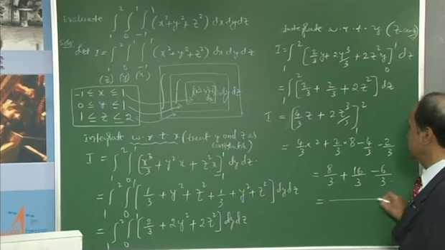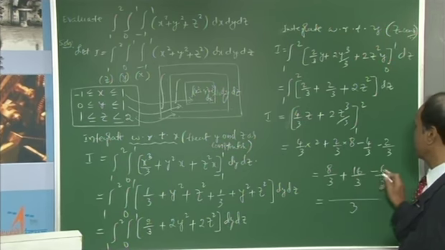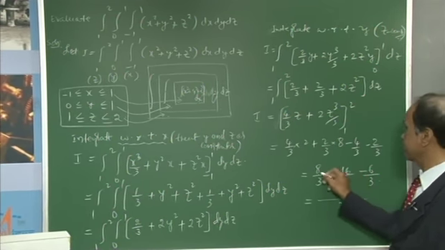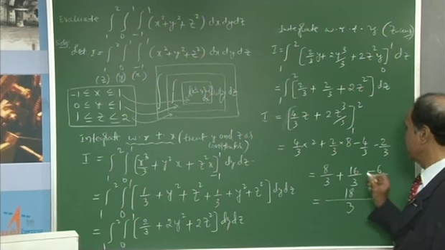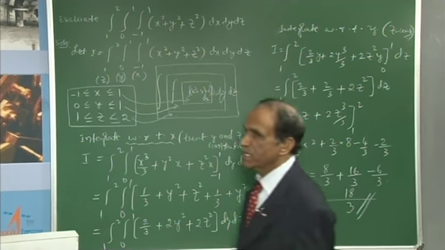That is, 3 is the LCM. 8 plus 16, that is 24. 24 minus 6 means here you get 18. So, 18 by 3 is your final answer.